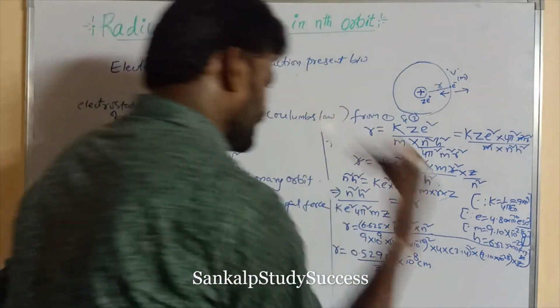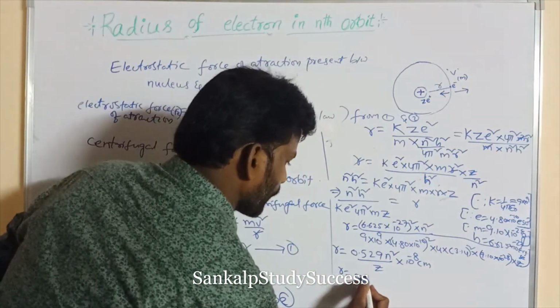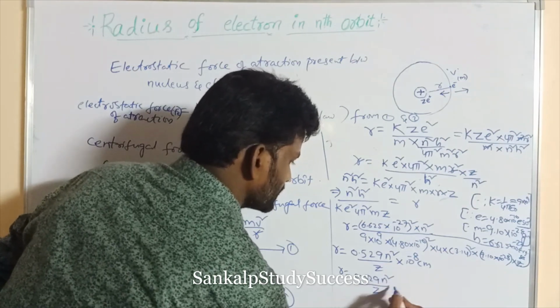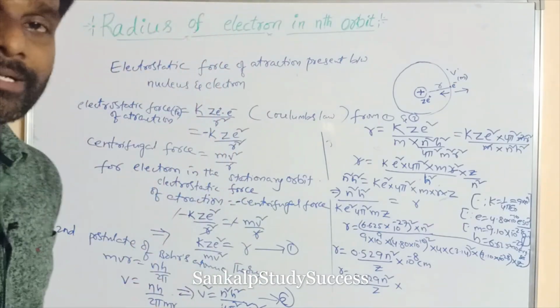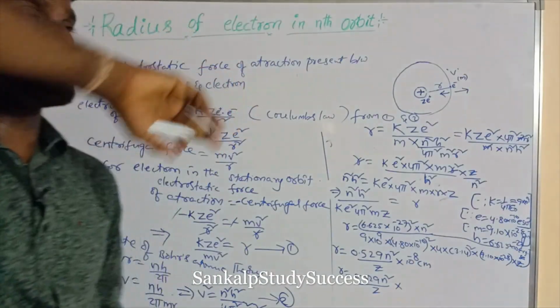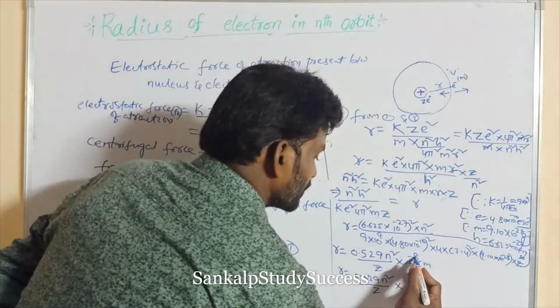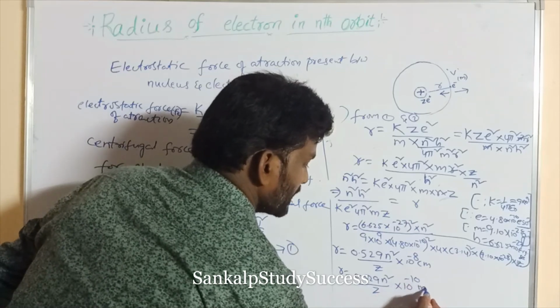What is the unit conversion? 1 meter is equal to 100 centimeters, which is 10 square centimeter. So 1 centimeter is equal to 10 to the power of minus 2 meter. So 10 to the power of minus 2 into 10 to the power of minus 8 is 10 to the power of minus 10 meter.